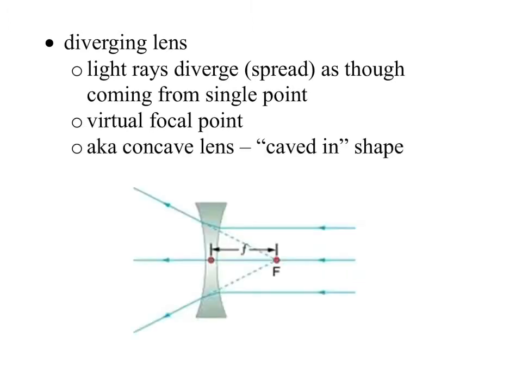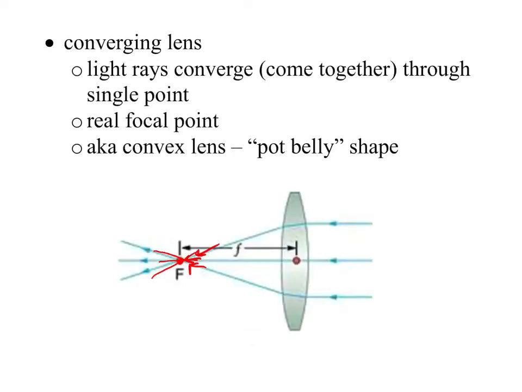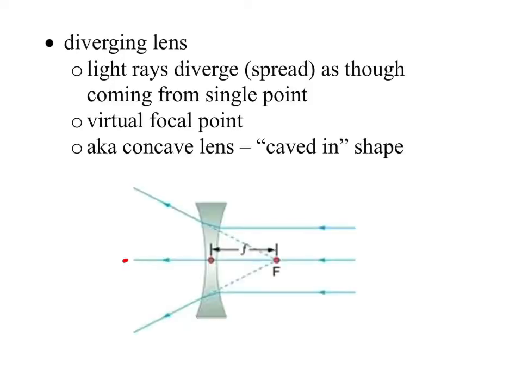And then we have a diverging lens. So that is where we have our concave lens, that kind of caved-in shape. And this one is going to spread the light rays out. So how do we spread the light rays out? It still has a focal point over here, but what would happen if we bend it towards a focal point? That would just look like the converging lens again, which doesn't really make a lot of sense. So of course, these ones look like they're coming from the focal point on the same side of the lens, and then they go out like that.